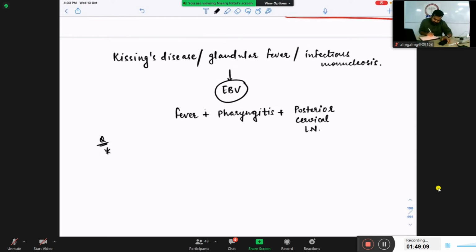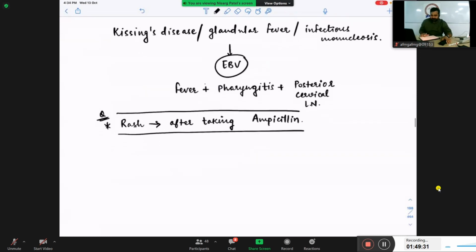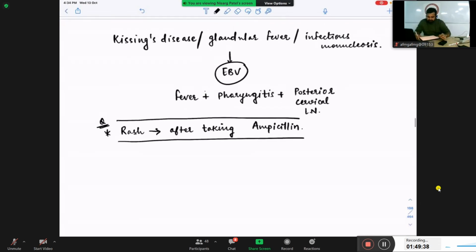In your question, they will give you that the patient developed a rash after taking ampicillin. So they will give you this history. If the patient develops a rash after ampicillin, this is infectious mononucleosis.